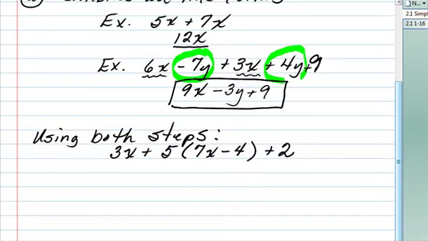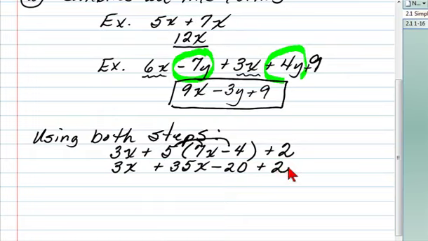Does that apply? Yes. I'm going to use the distributive property, copy down the 3x. 5 times 7x is 35x. 5 times negative 4, negative 20, or minus 20, plus a 2 at the end.